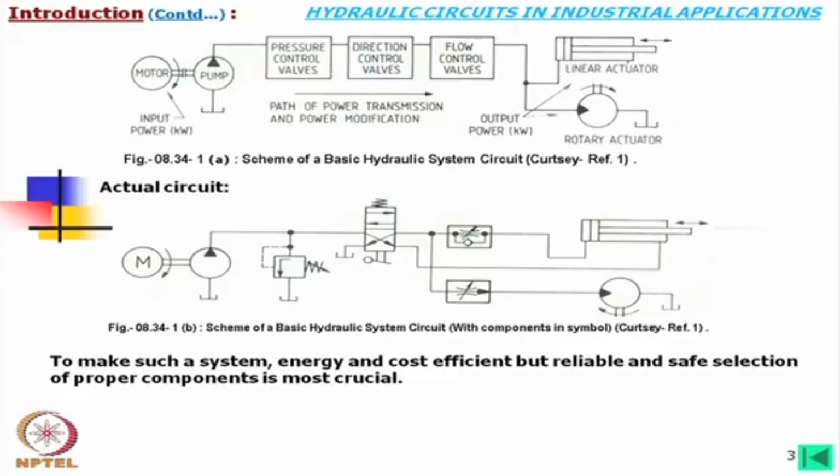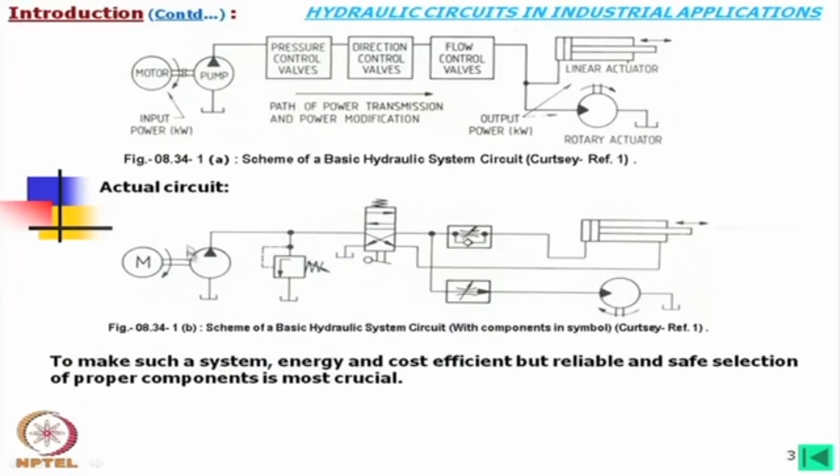If we want to control flow or pressure, particularly where we use servo control, we should keep in mind that there will be pressure drop across the valve orifice, and there will be loss that we cannot avoid. However, by arranging the system according to the load, if we can control this part, then probably we can save the energy.